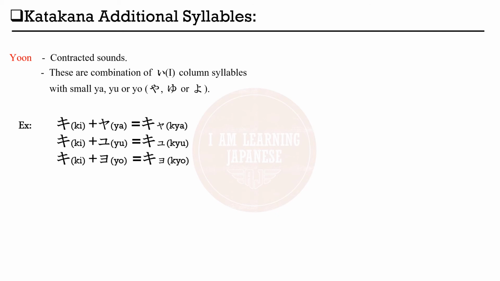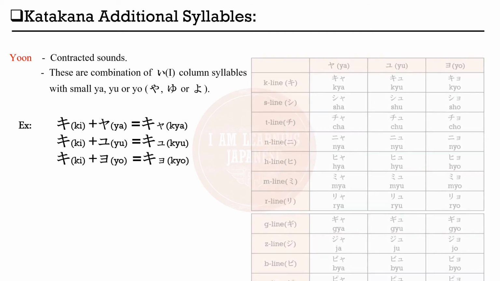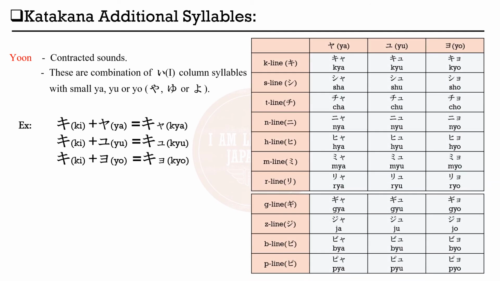Let us see the chart of contracted sounds. In this chart you can see the top row has been marked with ya, yu, yo, which are the merging sounds. On the leftmost column, you can see the i column syllables I have mentioned, like ki. All are i sounding syllables: ki, shi, chi, ni, likewise. When these are merged with the top sounds, we get different contracted sounds.